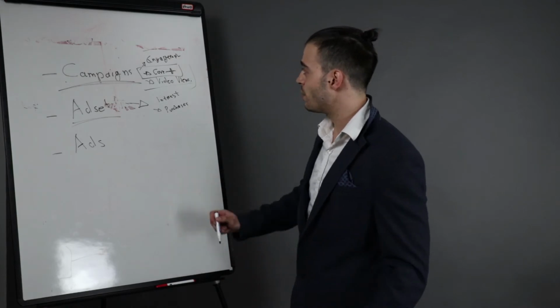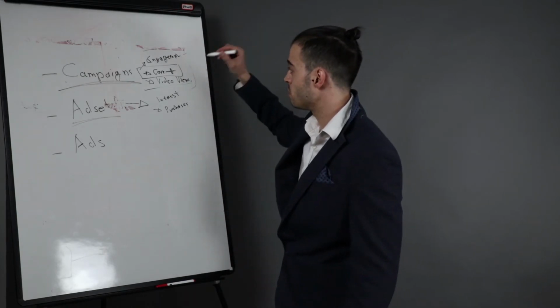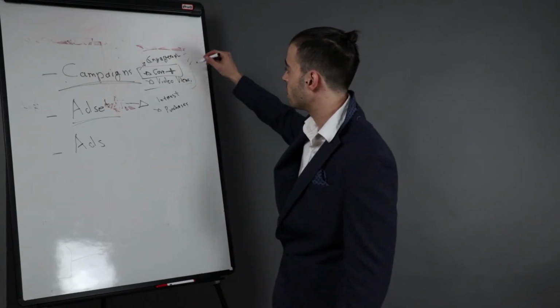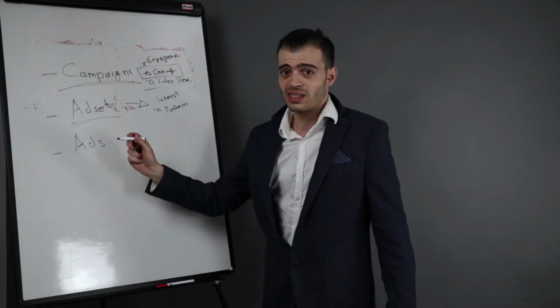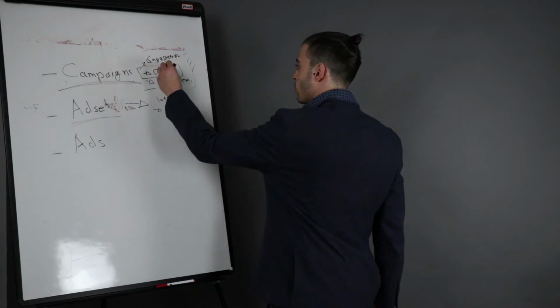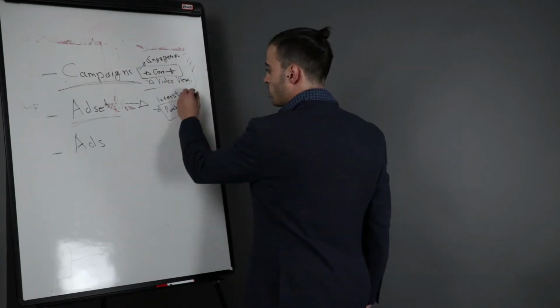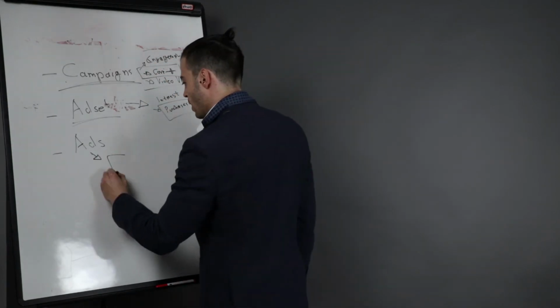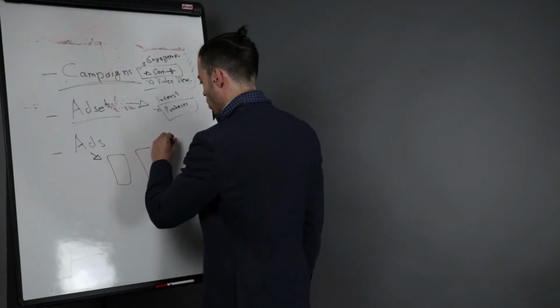It makes no difference starting with engagement, then going to add to carts, then checkouts, then purchases. You're just wasting your money. So we are going straight for conversions, straight for purchases. On the ads level, you will create 2 or 3 advertisements that you will in essence split test.